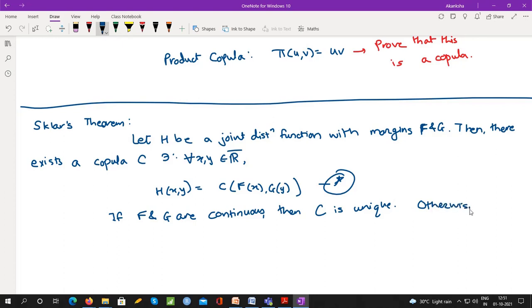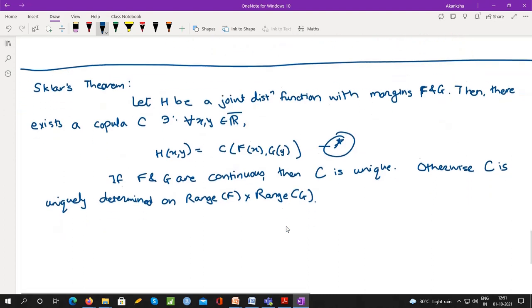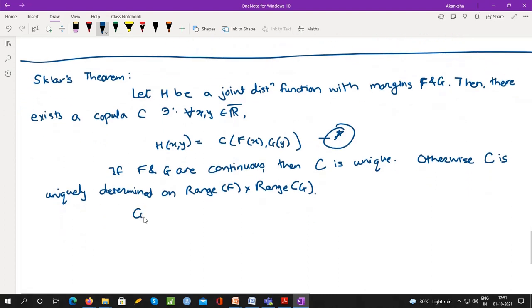Otherwise, C is uniquely determined on range of F cross range of G. The statement is still not complete, it's a big statement.